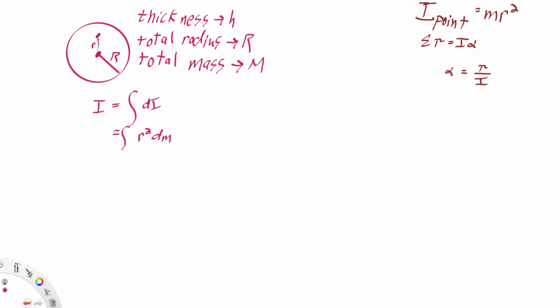If we have a uniform object, then its density will be the same everywhere in the object.